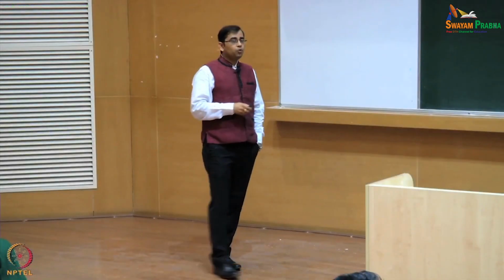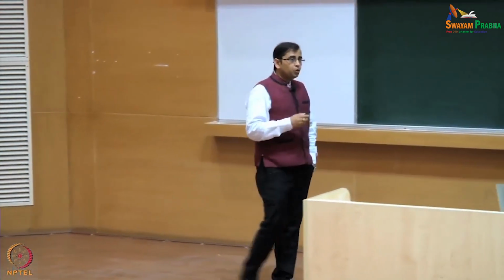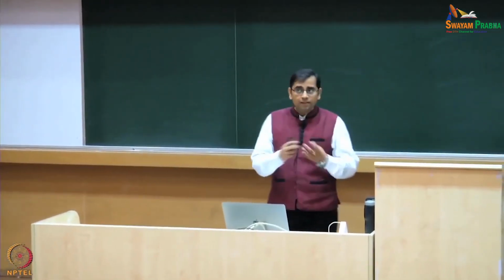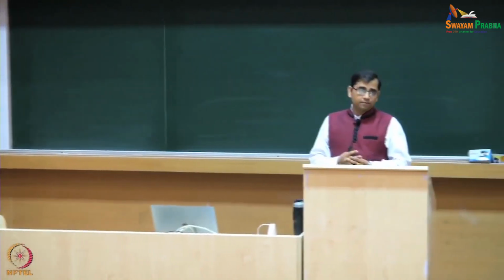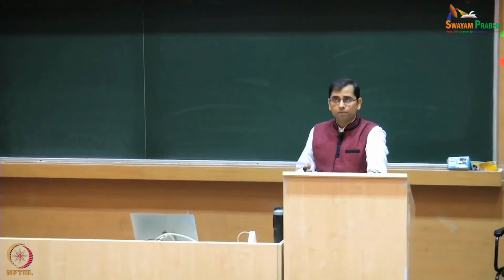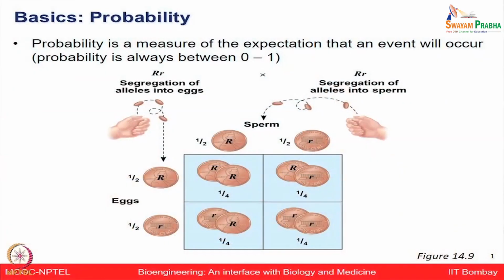So let's first think about rules of probability, and I'm sure for this audience I don't have to teach too much about what probability is. You are measuring things on a scale of either 0 to 1. And just imagine that from egg and sperm, you are deriving the gametes. And those gametes, let's say if you have R and capital Y, small y, those are segregating.